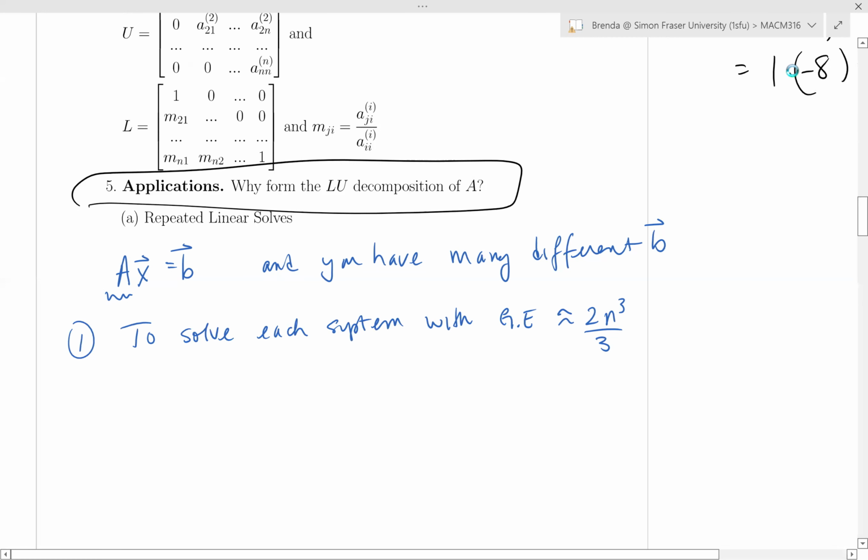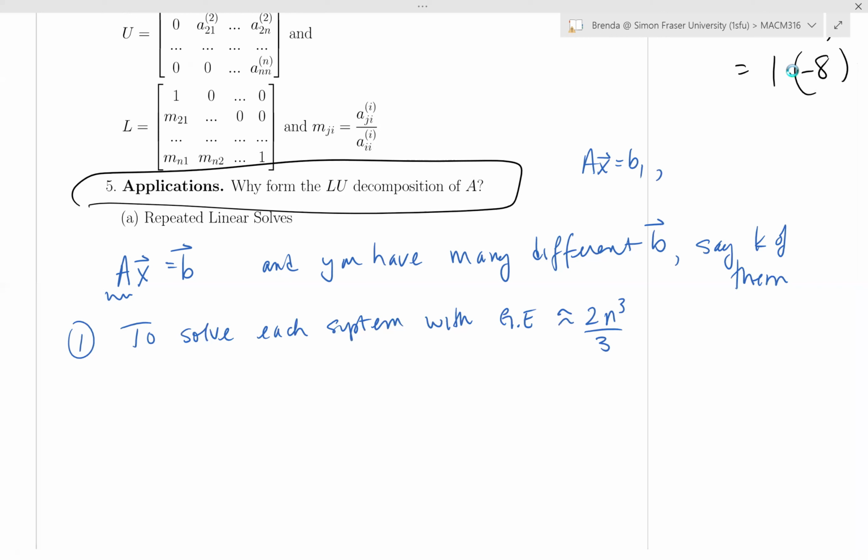So imagine that we have many different B's. Let's just say K of them. So we want to do this operation, AX equals B1, then we want to do AX equals B2, etc. So we want to do this K times, and we're going to see what the amount of time is looking like here.